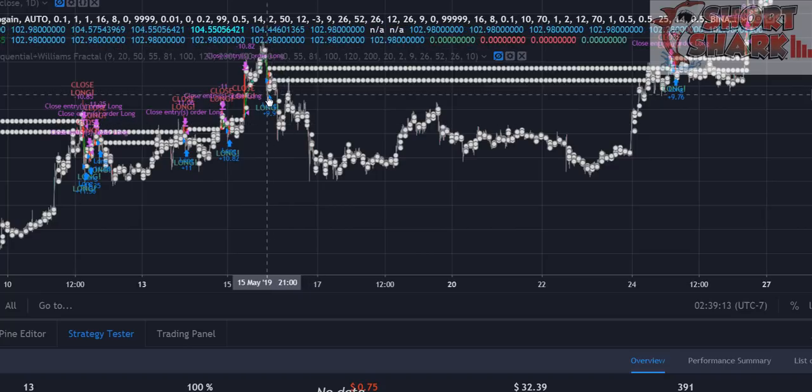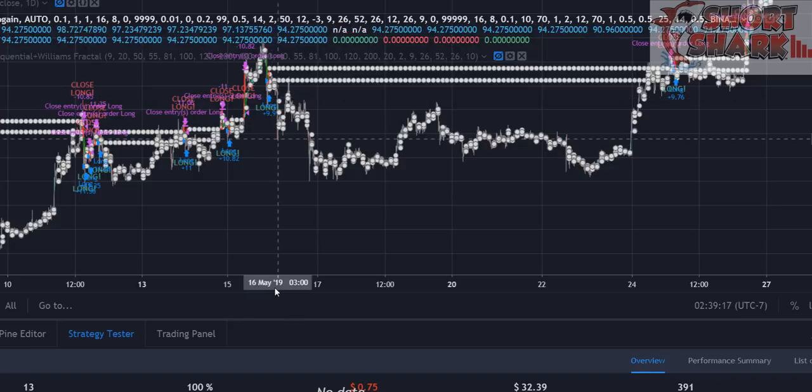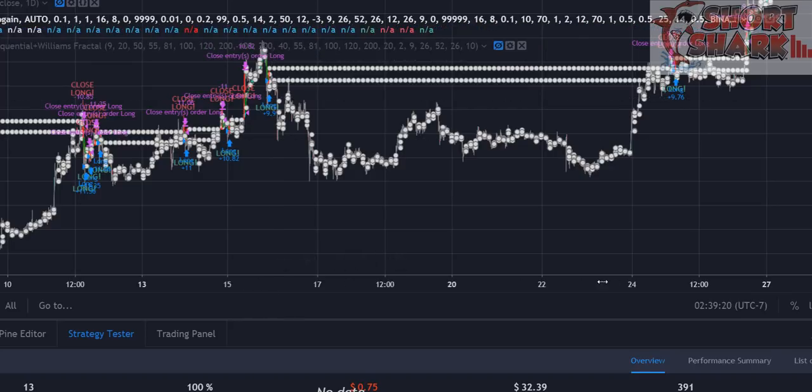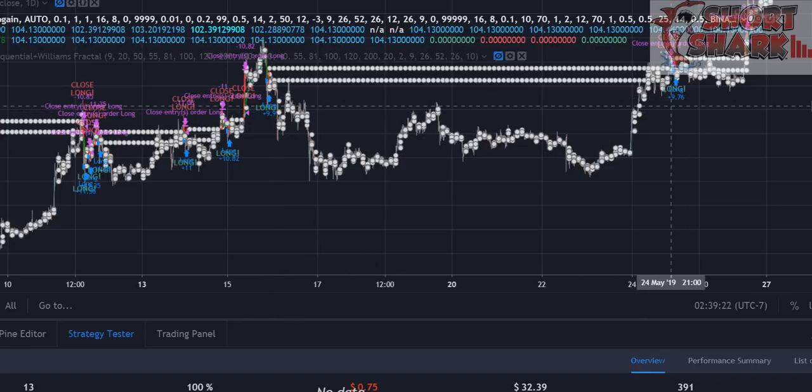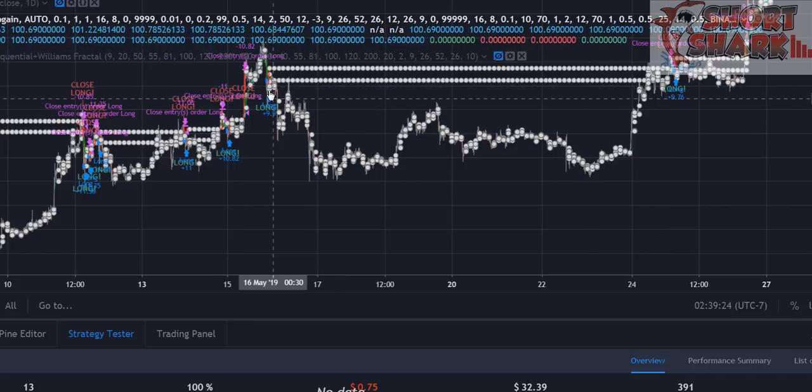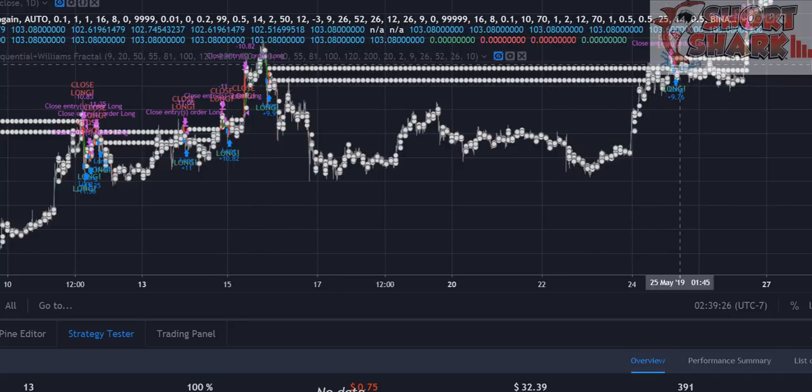Well, there's 0.1. What happens if that's your entry right there, like this was? Well, you sit out from the 15th all the way to the 24th, because it never came back high enough to exit. So that's again about the exits. How tall is your exit? 1 to 10. Are you trying to hit any little move?